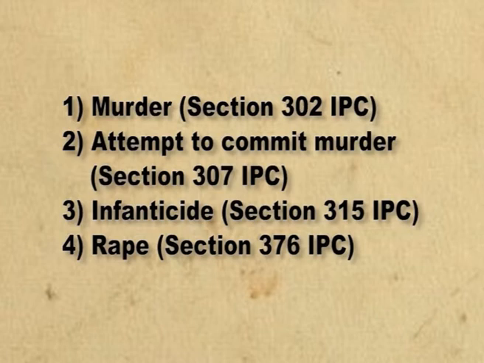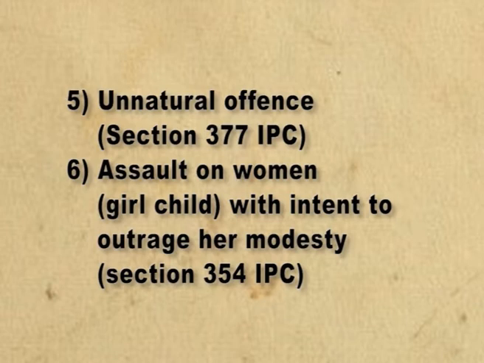This includes murder under Section 302 of IPC, attempt to commit murder, Section 307 IPC, infanticide, Section 315 IPC, rape, Section 376 of IPC, unnatural offence, Section 377 of IPC, assault on women, girl child with intent to outrage her modesty, Section 354 of IPC.